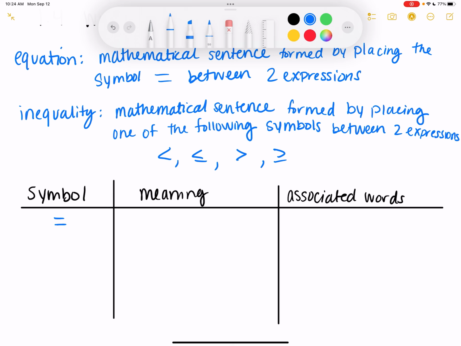So if you have an equal sign, it means that it is equal to, and they might say the same as. Okay, if they don't say equal to, then they'll say the same as, something like that.